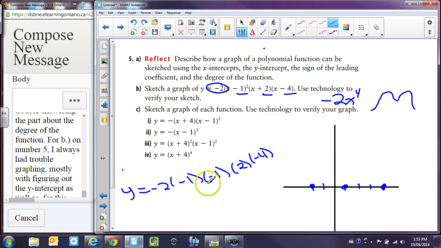Positive 2, negative 4, positive 16. And so my graph comes all the way up here and hits at positive 16. So the graph is going to go this way. It's going to cross here. It's going to bounce back up here. And it's going to go back down through here. That's all the information I have.